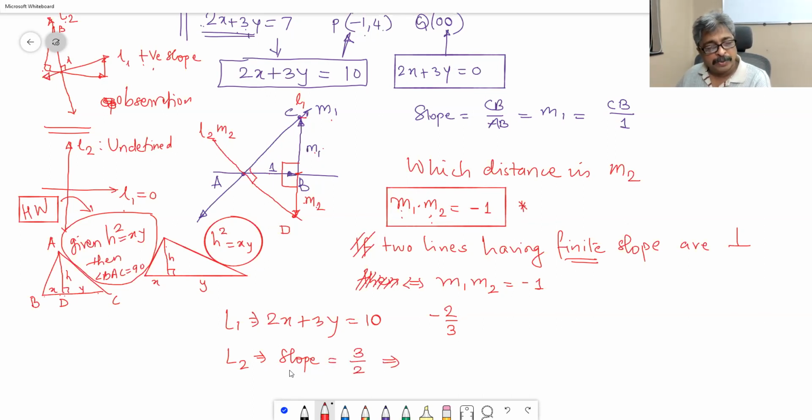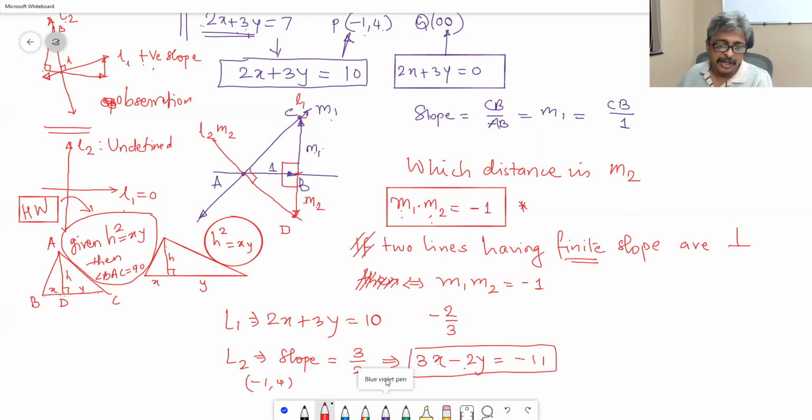And therefore equation of L2 will look like 3x minus 2y is equal to, and suppose this perpendicular L2 is supposed to be passing through, again say, -1, 4. Then what I should do is put -1 here: -3, -8, -11. This is the line which is going to be perpendicular to this line passing through this point.